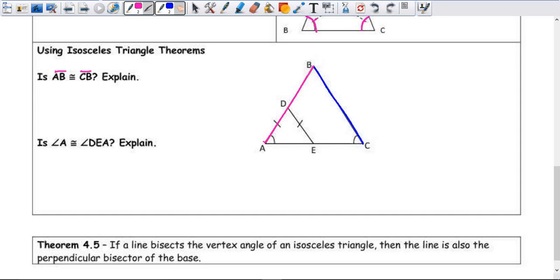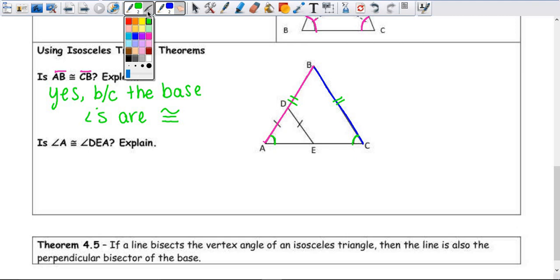So the base angles would be these right here, and they are marked as congruent. So then I can say that my legs are congruent. So yes, because the base angles are congruent.